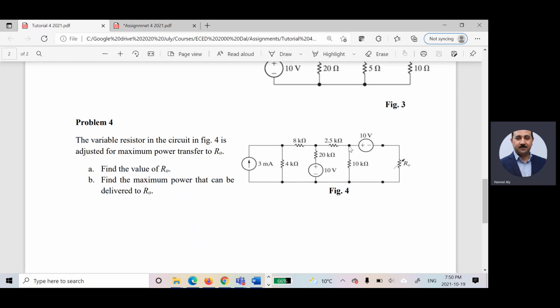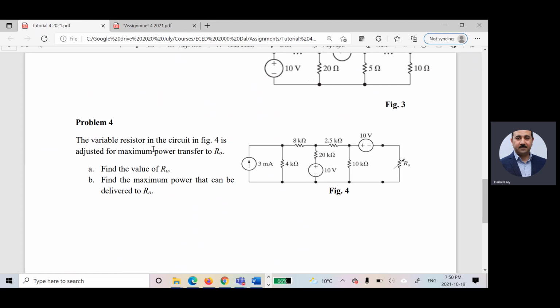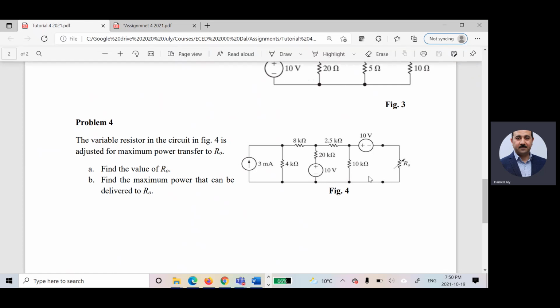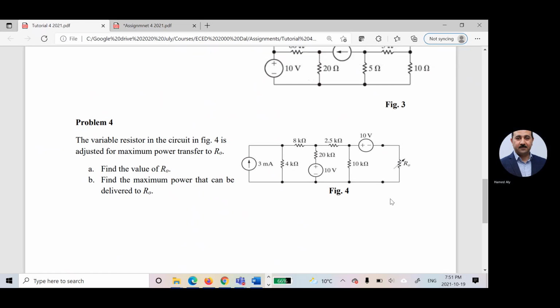He said the variable resistor in figure 4 is adjusted for maximum power transfer to RO. Find the value of RO and find the maximum power. For solving this problem, I have to find the Thevenin equivalent first. This problem is a good one because we never see a problem that has a voltage source connected between these two points. Let us see how to solve it.